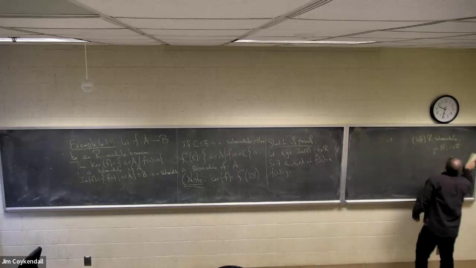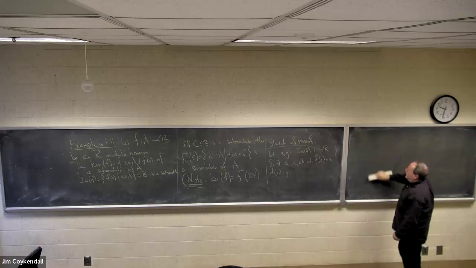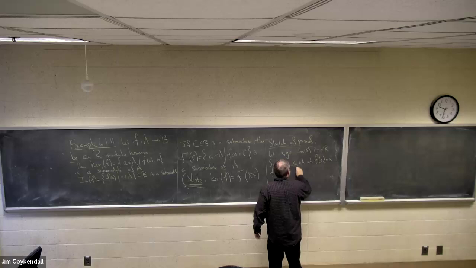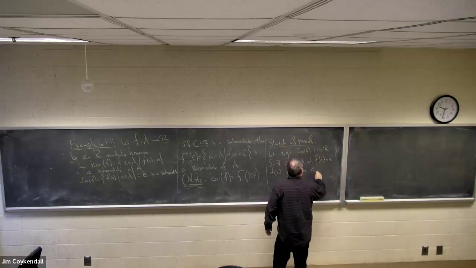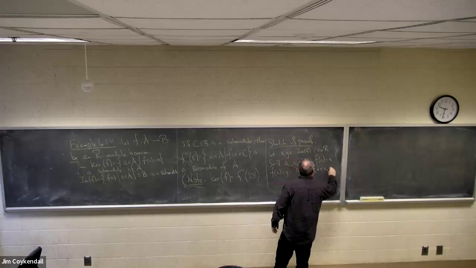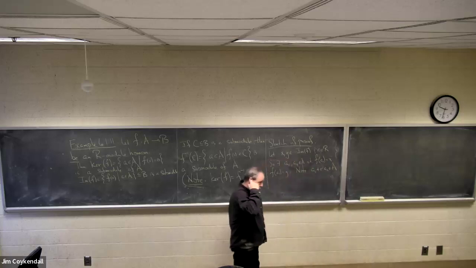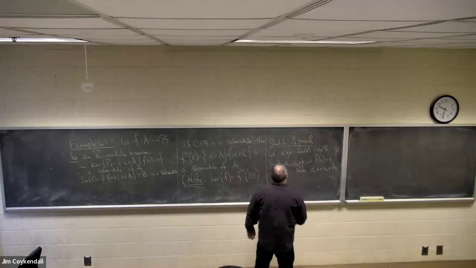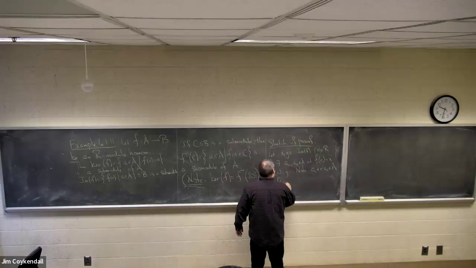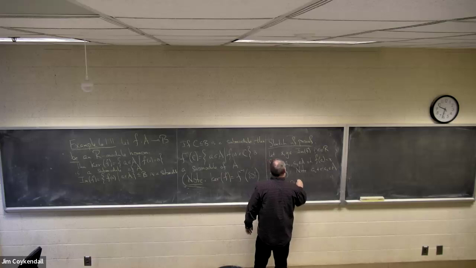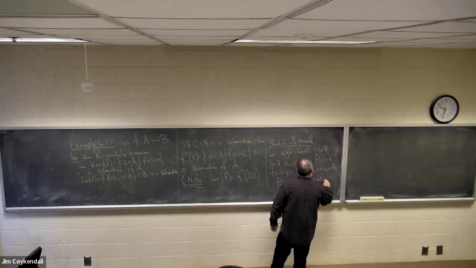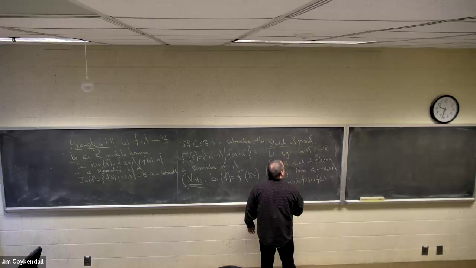Since A is also an R module, then A1 plus RA2 is in A. And if you look at F of A1 plus RA2, this is F of A1 plus R F of A2, which is, what is it?